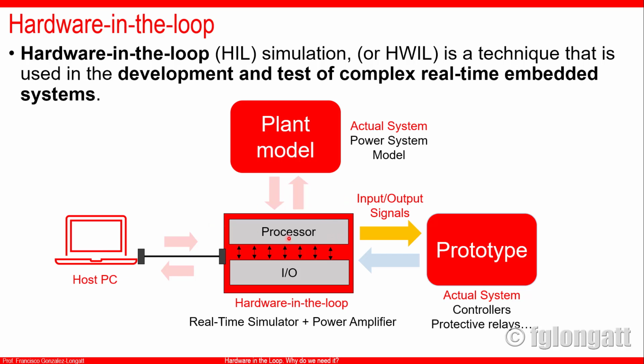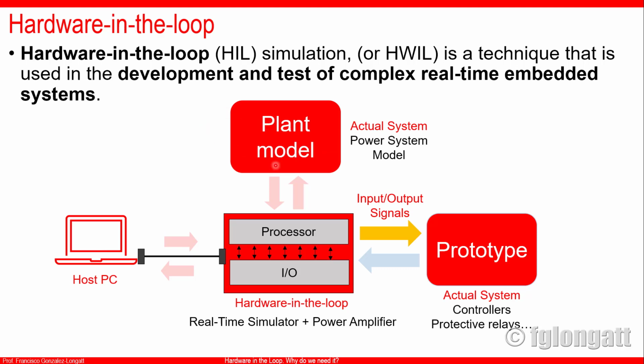But the real-time simulator has a processor that is running the calculations in a very fast way, okay? And inside this real-time simulator, we have the model, for instance, of the actual power system, okay? And inside it, we can run simulations that represent and behave like the real power system in real time, okay?